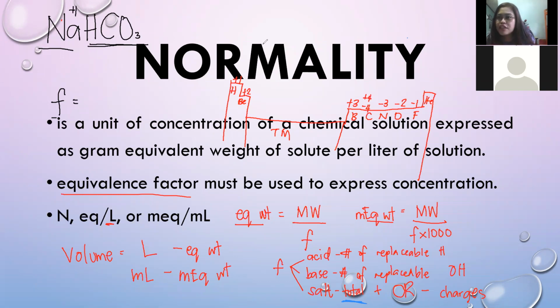Or if you still have a copy of the index card I had you make in Chem 101, you can also look at that. You will see the polyatomic ions, and you can see the bicarbonate ion, sometimes called hydrogen carbonate. Its charge is negative 1. Okay, so it is the same as sodium. So definitely the factor here is 1. So polyatomic ions are also applicable.